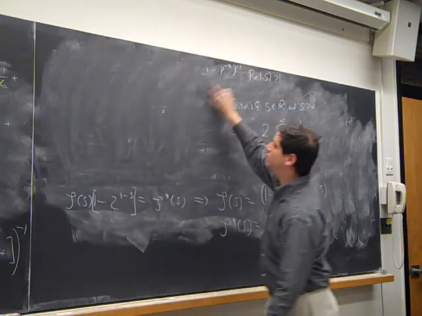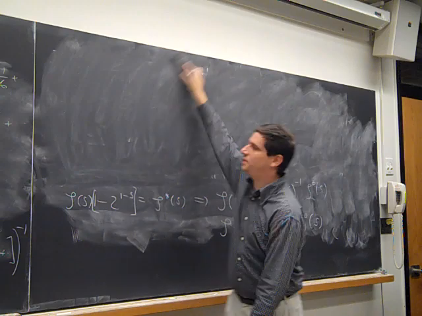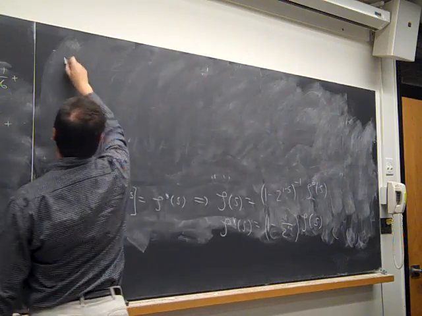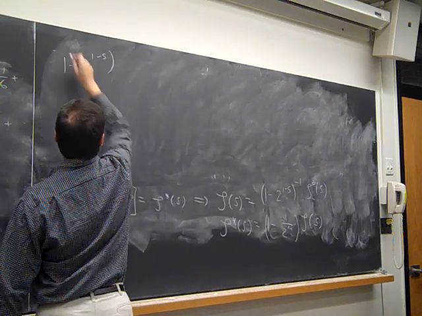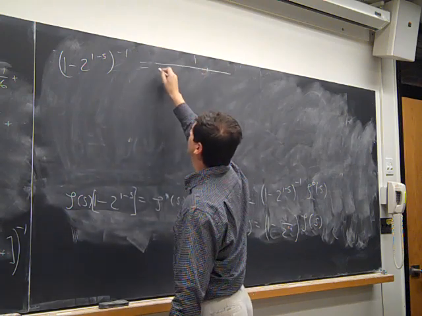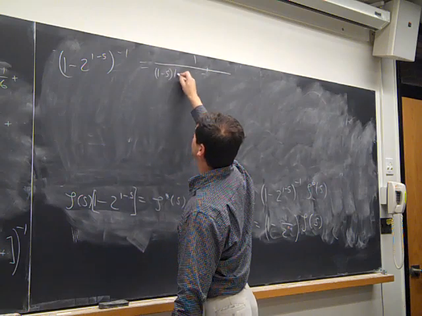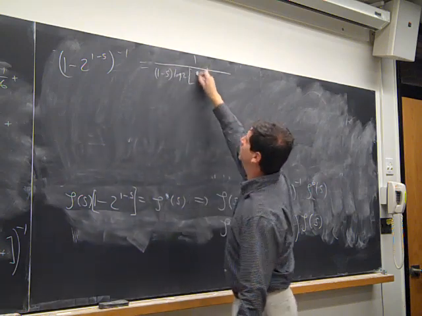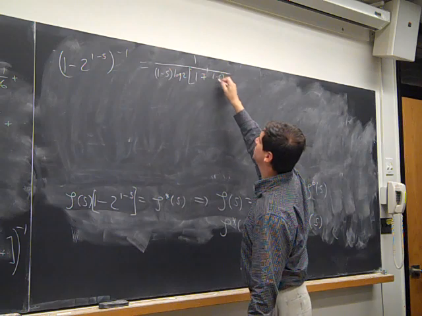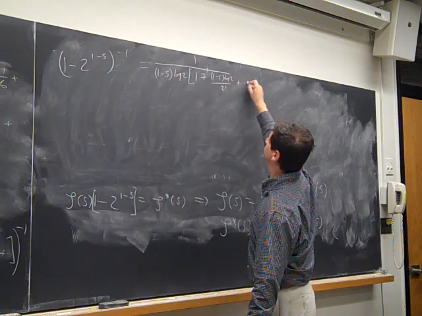And this is a nice way to review calculating residues, and just to see exactly how far can we push this method. So 1 minus 2 to the 1 minus s inverse is 1 over 1 minus s times the log of 2 times 1 plus 1 minus s log 2 over 2 factorial plus dot dot dot.